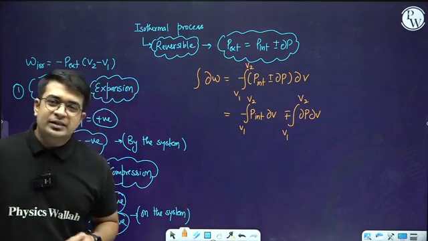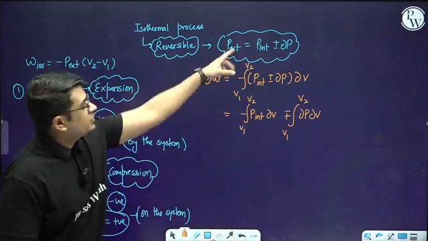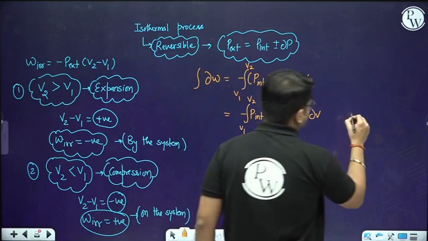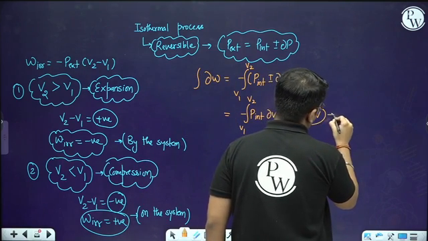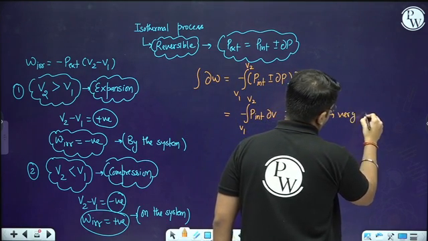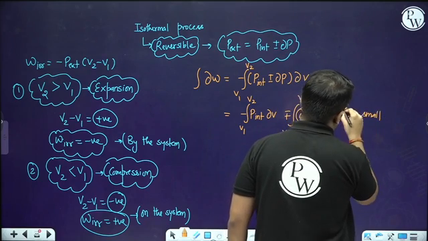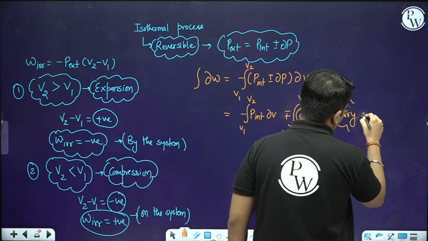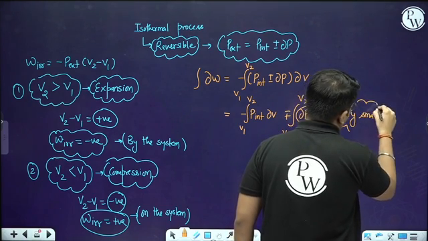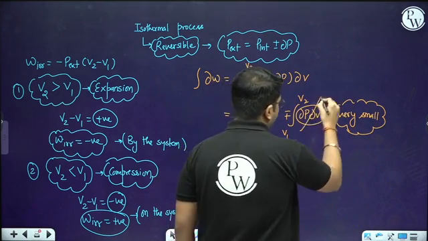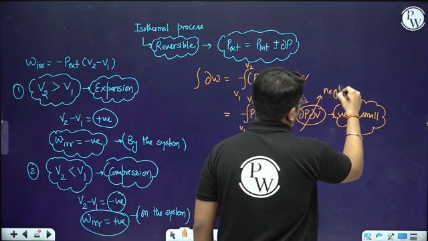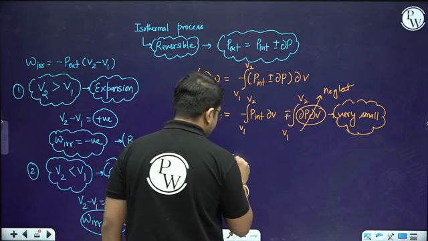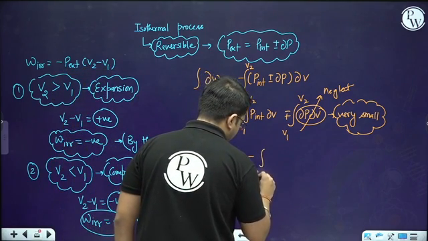Now dV is a small change in volume, and dP is already a very small change in comparison to the external pressure. So this product of dP and dV is going to be a very small quantity, and we can neglect this entire part.